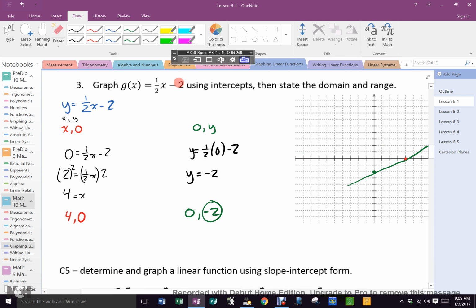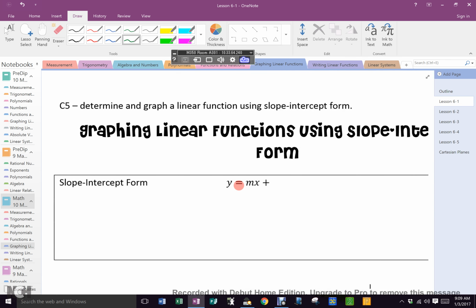Negative 2. What did you see there? Negative 2. Everybody see those two things? Okay. Keep that in your head. Y equals mx plus blank. Everybody see that? Does that look anything like the two equations you just saw?